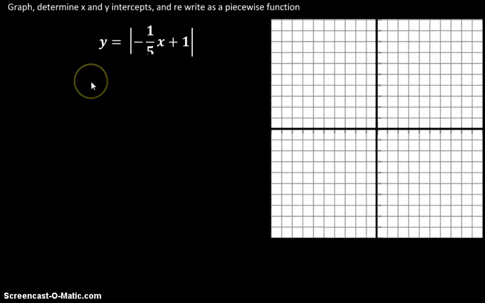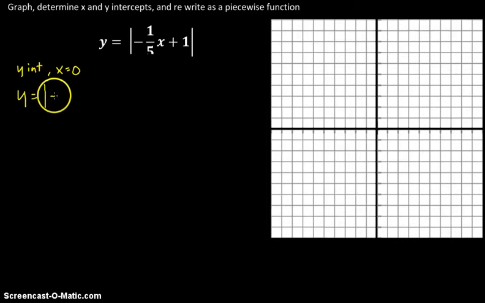Now, question 1. Graph, determine x and y intercepts, and rewrite as a piecewise function. So right away, let's see what we're going to do. If I do a y-intercept, what do I have to do? Well, I know that I have to let x equal 0, because the y-intercept will happen along that x equals 0 line. So I'm going to be looking at y equals, now here's the question, do I keep or remove the absolute value function?